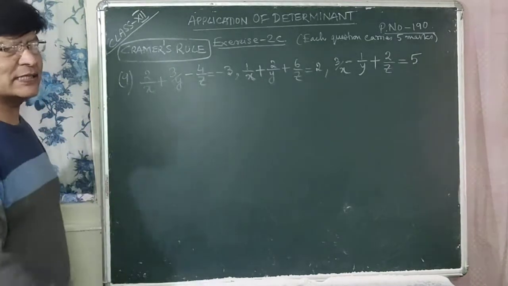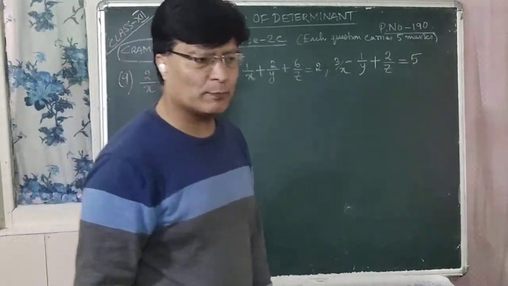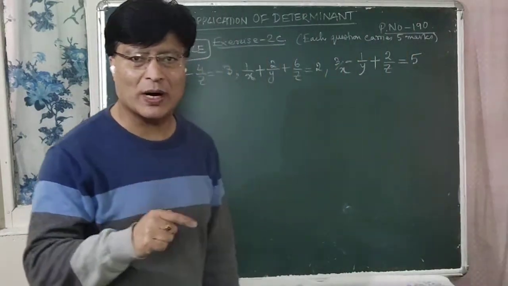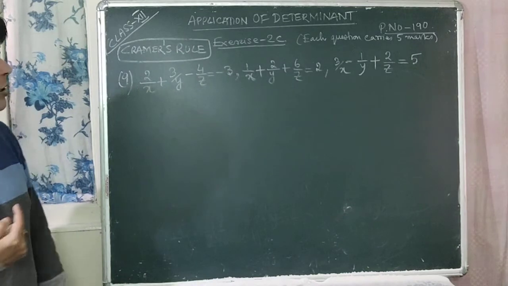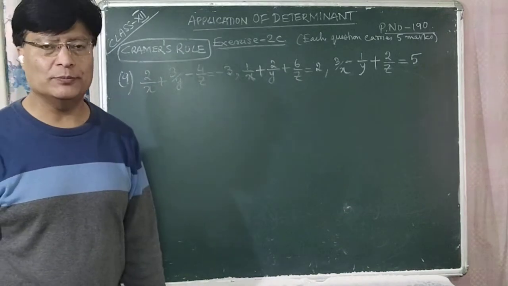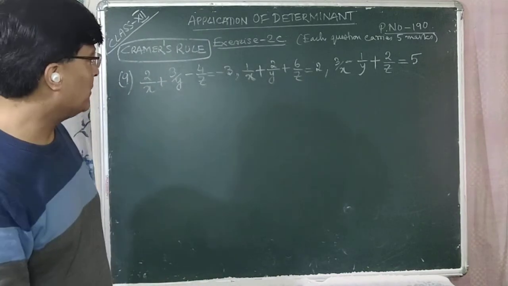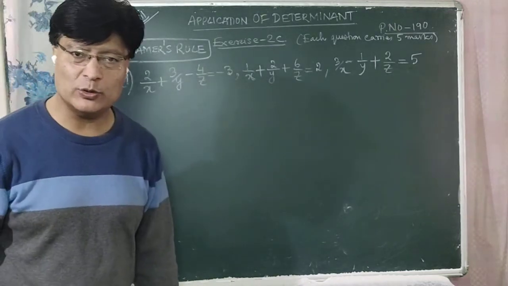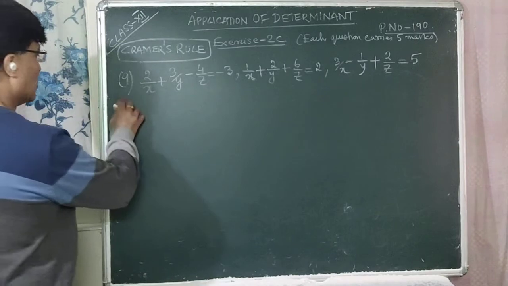But in this case, 1 upon x, 1 upon y, 1 upon z are given instead of x, y and z. So let us assume 1 upon x is equal to a, 1 upon y is equal to b, and 1 upon z is equal to c.